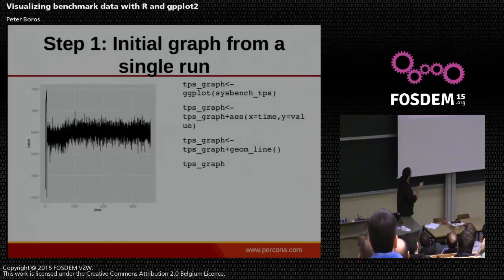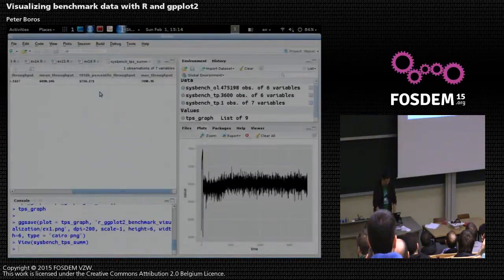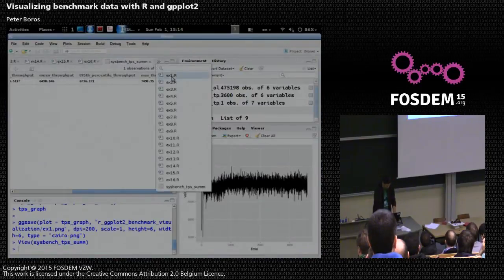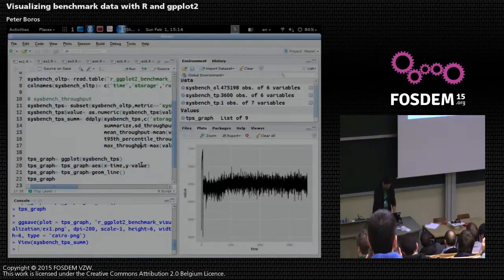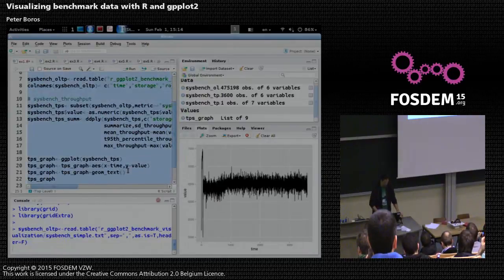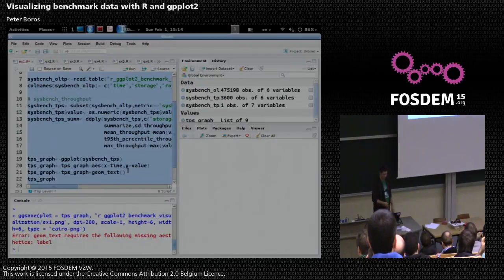Here in the aesthetics, I tell it that the x-axis is the time and the y-axis is the value of the metric, which is the TPS now, and I plot it as lines. So you saw that example, you load it into RStudio, and it will look like this. You can change the geometry. For example, one I like is geom_text, which will just output the values as text.